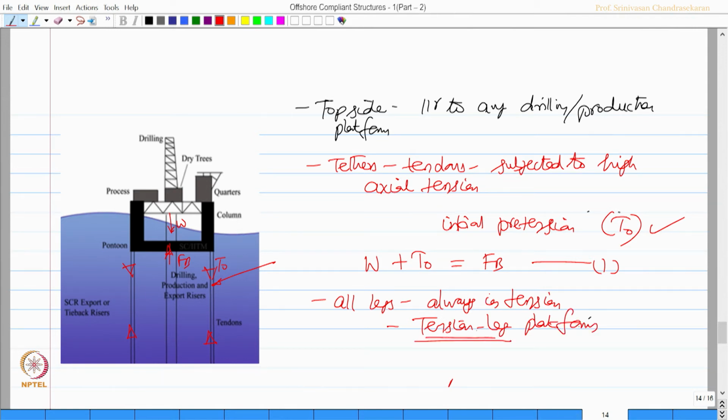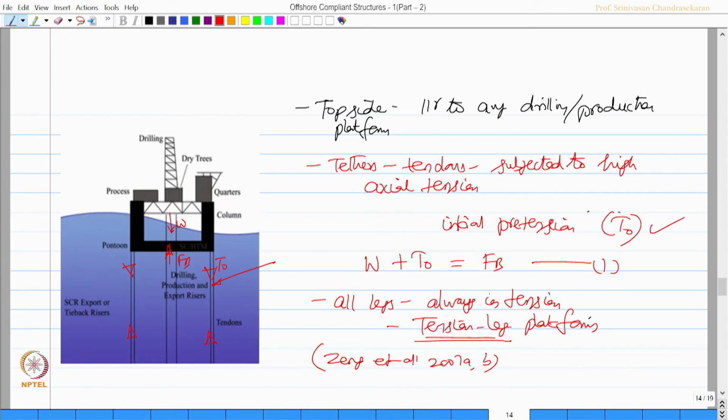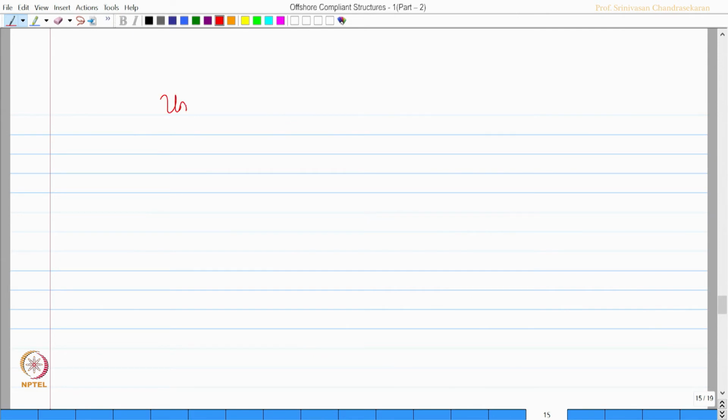Very interestingly, the concept of TLP can also be read in different papers, 2007 A and B by Zeng et al., and other literature which is referred to on the NPTEL website. Now, TLPs have uniqueness in design. There are two sets of frequencies or periods which are connected in TLP. Therefore, TLPs are hybrid systems, which I explained to you already.